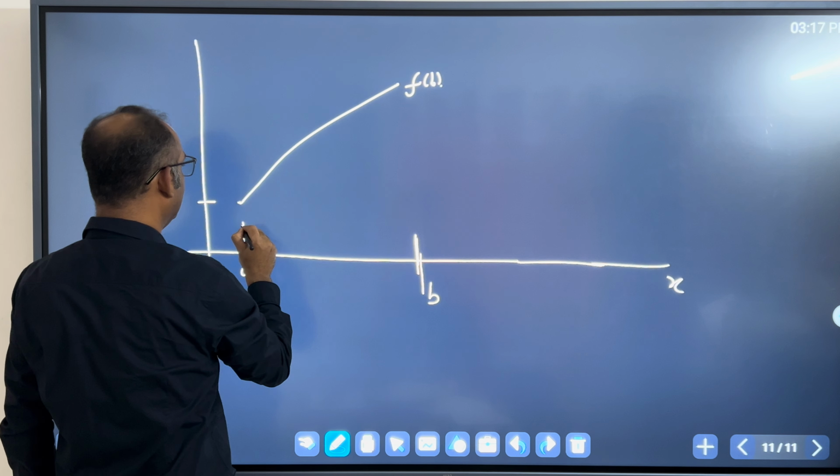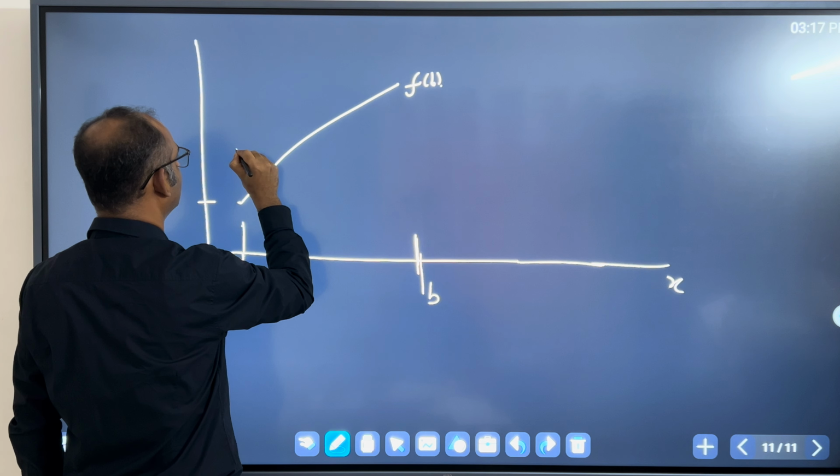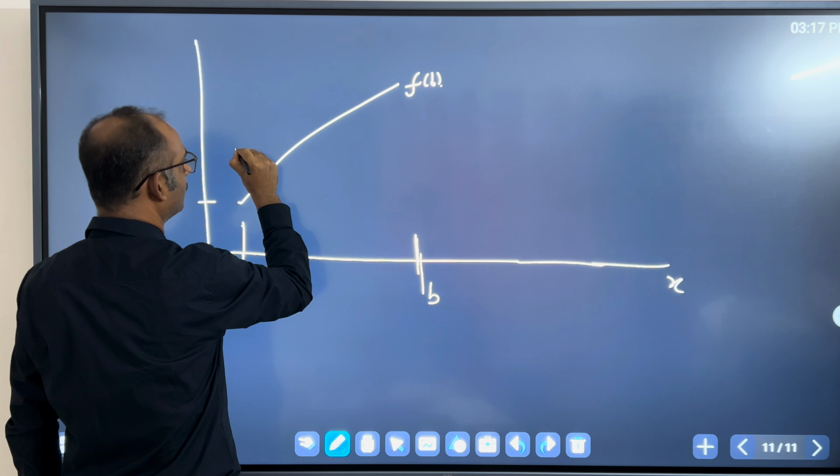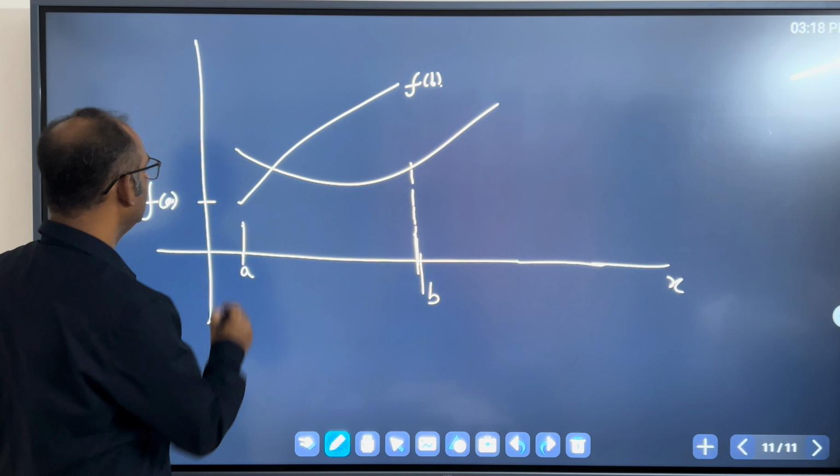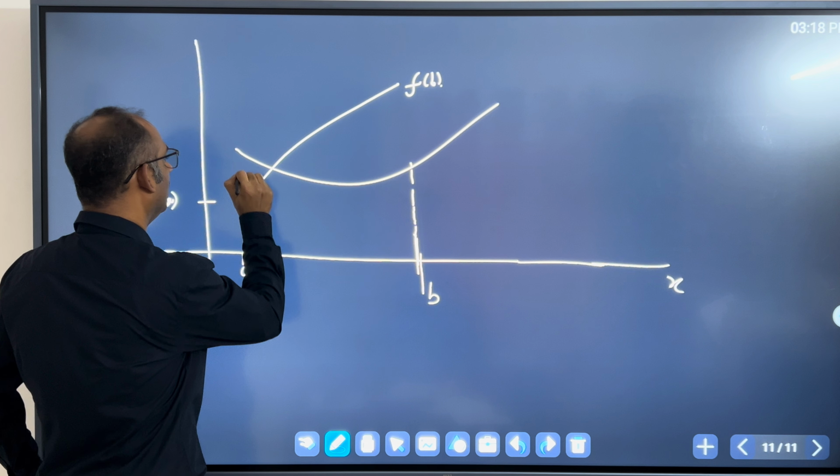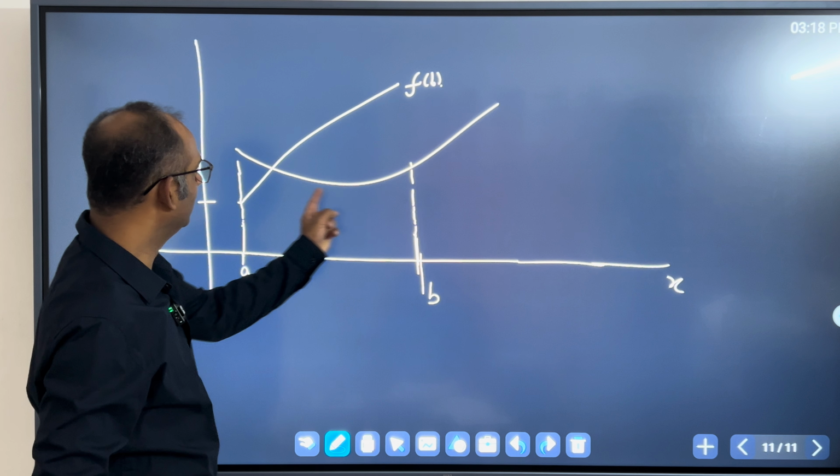So at point A, suppose the value of the function is this. Okay? Let's look at this region. This is B. Now you see, at some point the slope of the function is 0.